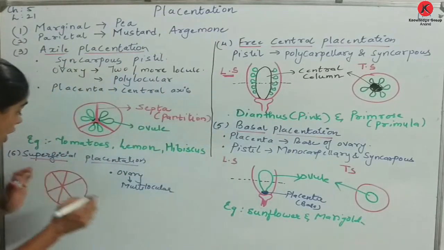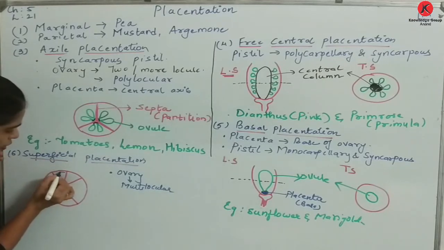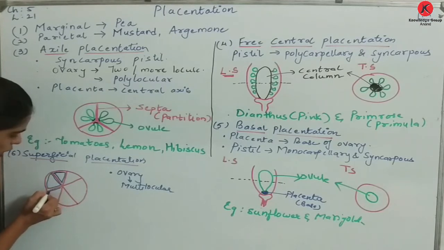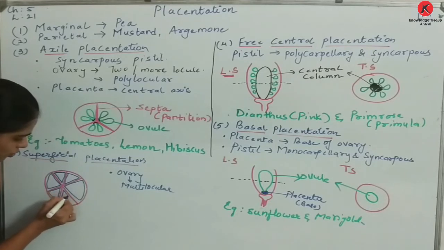Now what happens in superficial placentation? Your placenta is present along all sides of the locule. See, the outer side of the locule, as you can see over here, and the inner side of the locule. So this blue colored one is the placenta. It is present all over the ovary, on the outer wall as well as the inner wall. Did you see this? Yes or no? Yes.